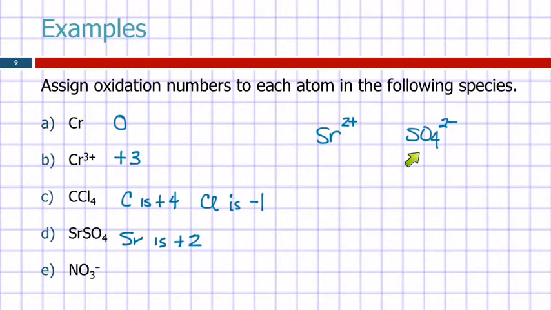But the sulfate, overall this has a negative 2 charge, and we've got sulfur and we've got oxygen, and they're competing to get what they want. They are both in group 6.